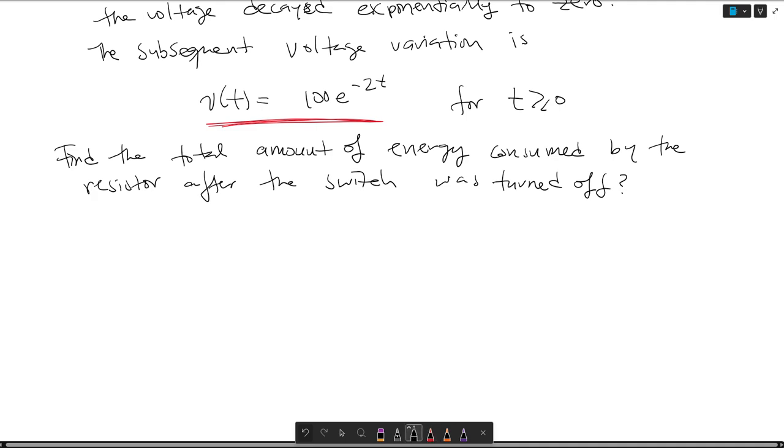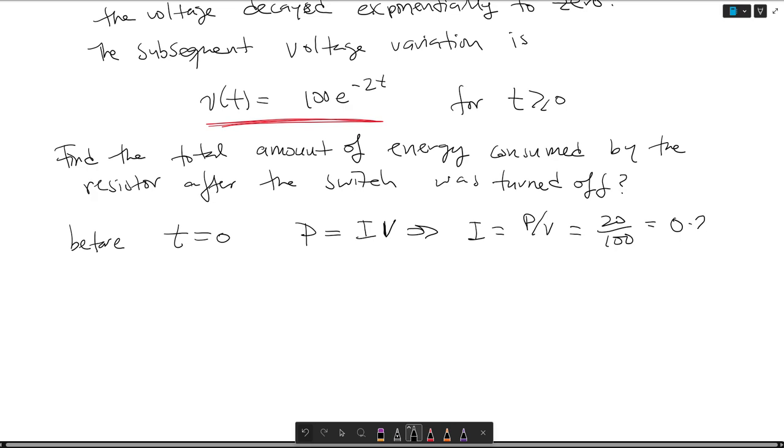We consider before the switch is turned off, so before t is equal to 0, we use our power P equals I times V. That means that I is equal to P over V, which is equal to 20 over 100. So that means my current is 0.2 amps. And this is, again, before the switch is turned off.